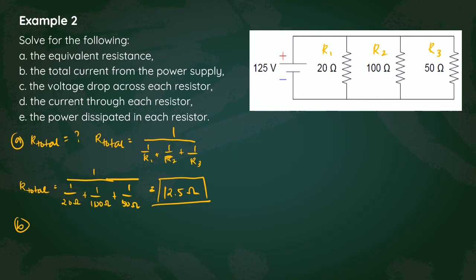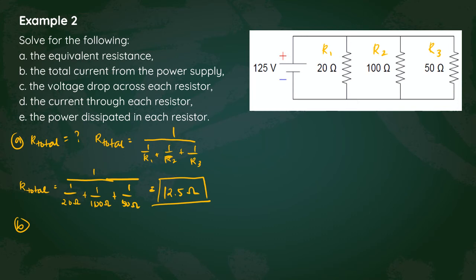Remember that in parallel connection of resistors, each resistor will experience its own current, or the total current will be distributed to each of the resistors. So for B, what we are asked for is the total current from the power supply that flows through the entire circuit.